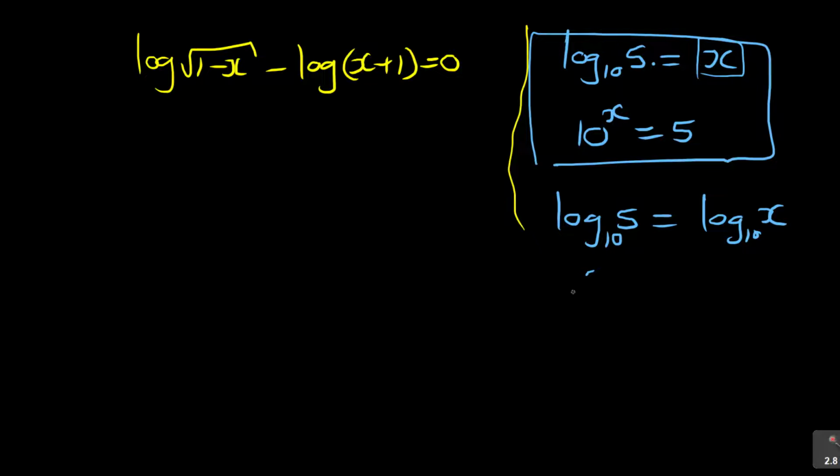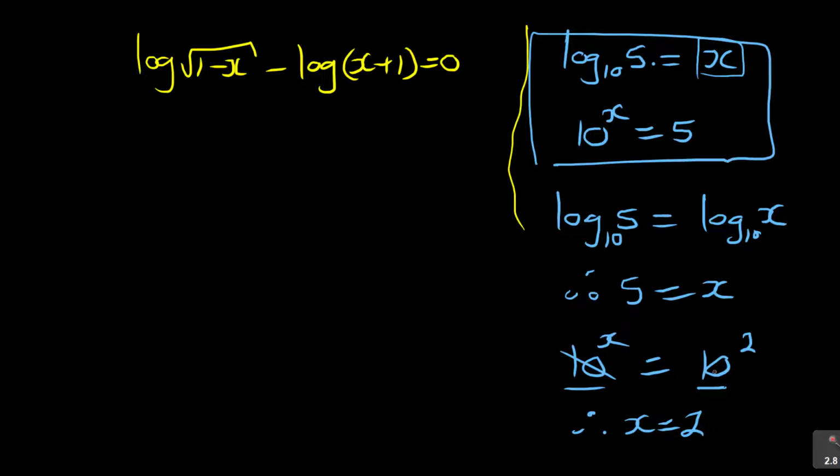What you do is say, therefore, if log base 10 and log base 10 have the same base, therefore 5 is equal to x. You remember in equations of exponents, if 10 to the power of x is equal to 10 to the power of 2, same base, you say therefore x is equal to 2. You don't start cancelling like that.